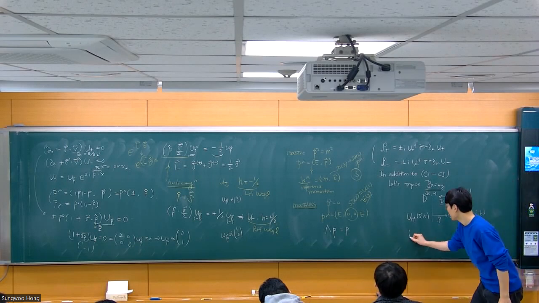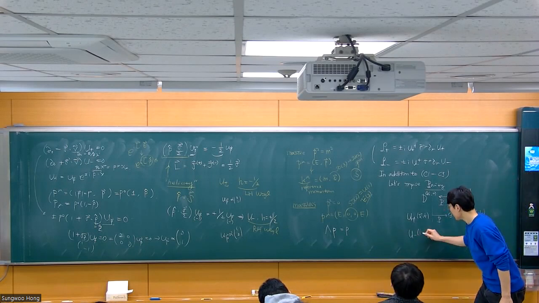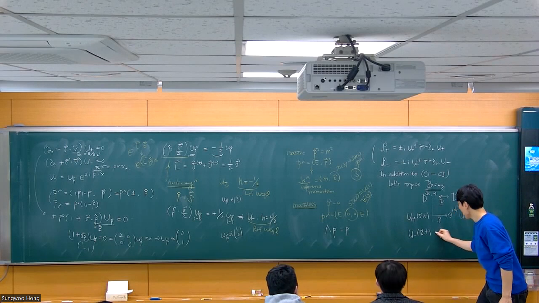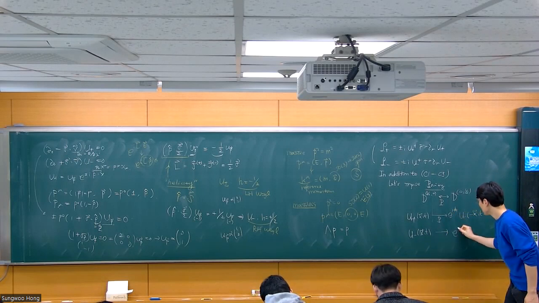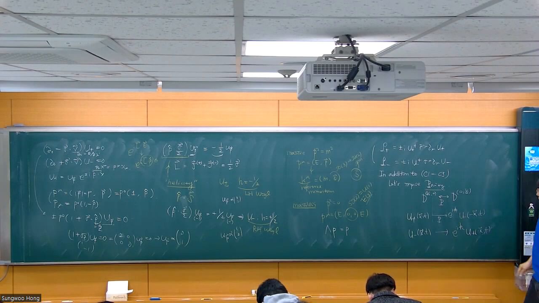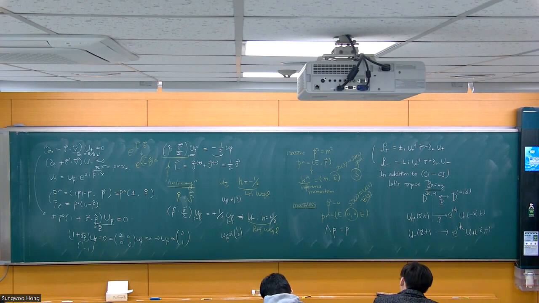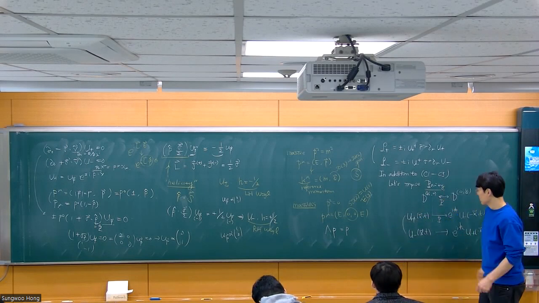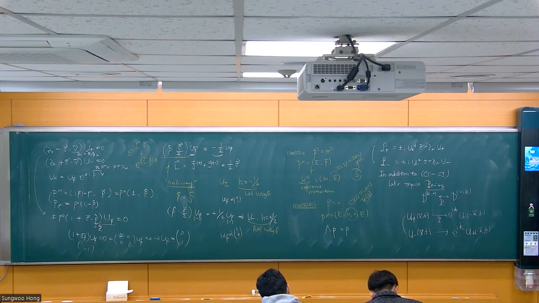By a similar token, let's say that parity acting on the U minus field, with some other possible phase, descends to U plus, but at the parity-inverted space point. So that's one thing that we can immediately observe.